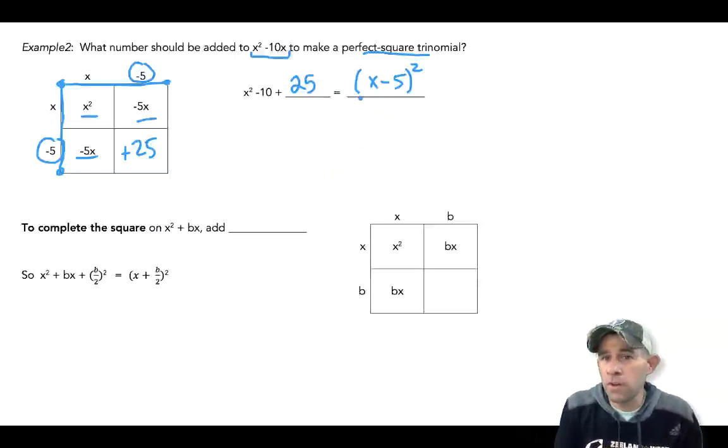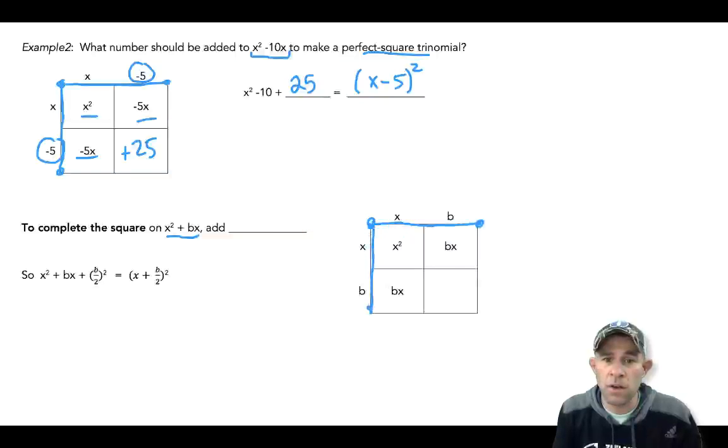All right, hopefully you're picking up on the pattern here. We're just going to do a general form. If I wanted to add some number to x squared plus bx to create a perfect square trinomial, I'm going to set up a little square here. We have x times x, which is x squared, b times x, which is bx, and b times x, which is bx, and then finally b squared.